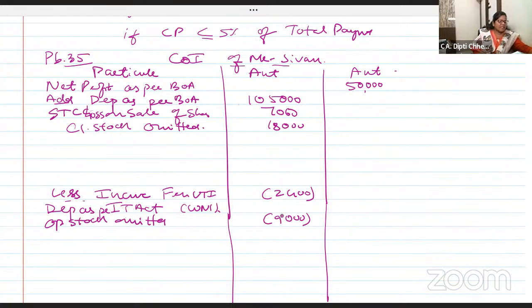Omitted. Salary includes unreasonable salary to brother. Unreasonable salary to brother, 2,000.